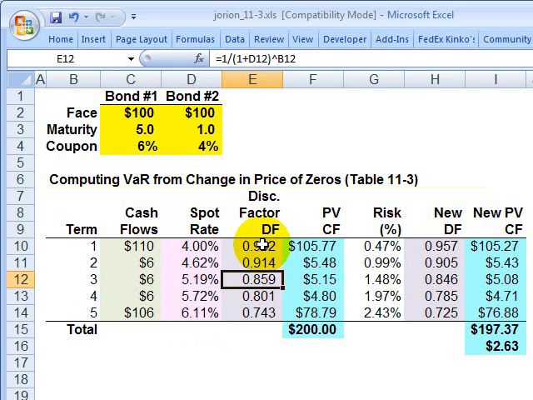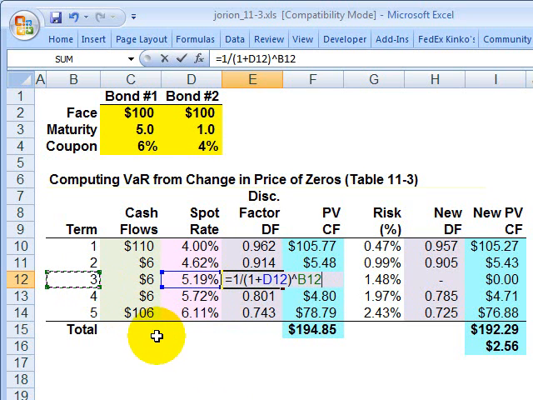And so you'll recall a set of discount factors collectively is called the discount function. How do we get it? Well, if I just erase the year 3 discount factor, we know it's equal to 1 divided by 1 plus the spot rate in year 3 raised to n, or the number of years, the third power in this case.